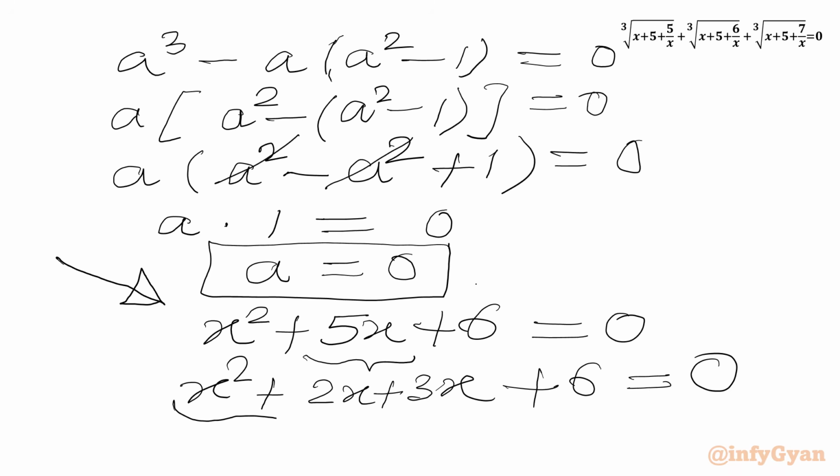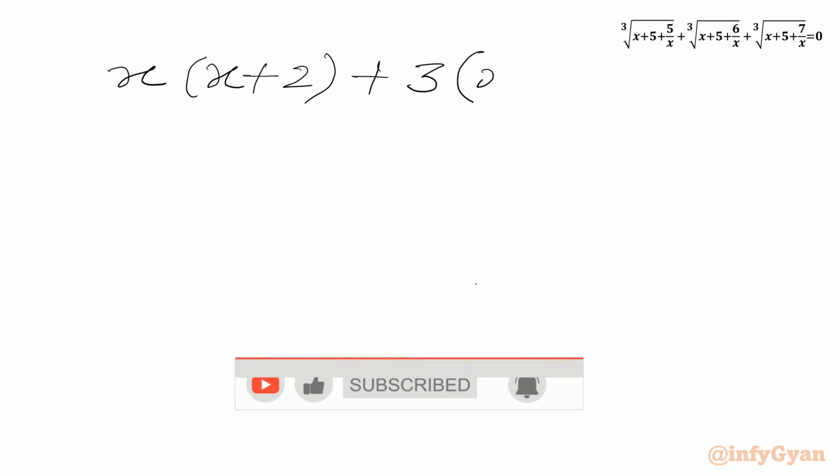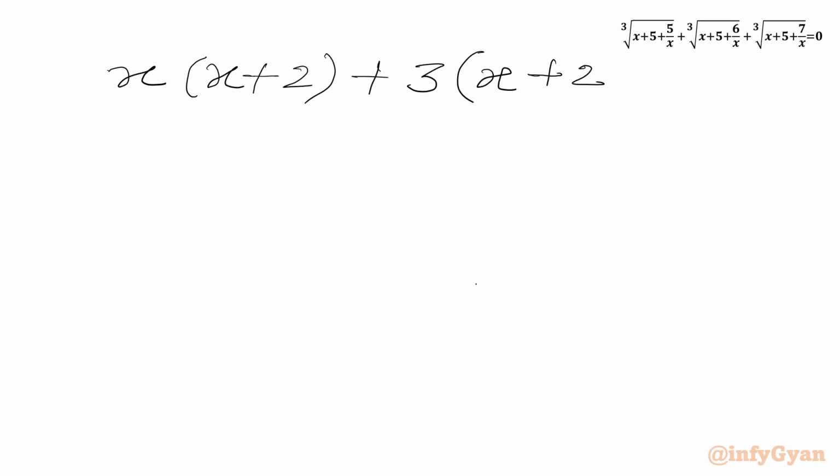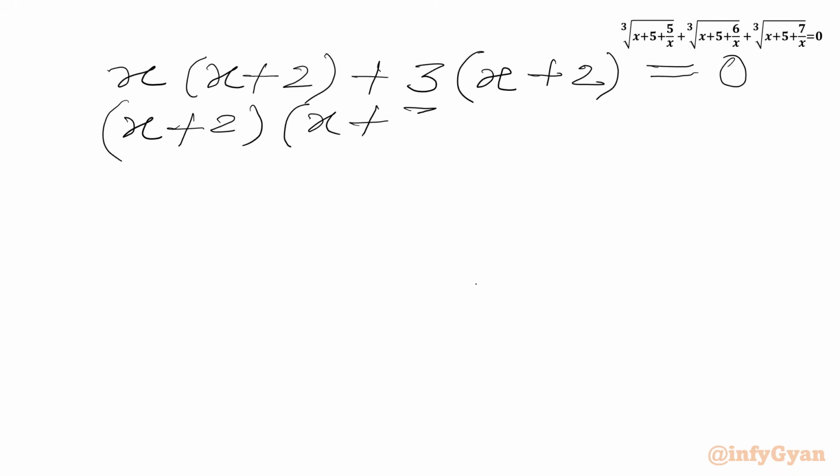Now from these two terms we will take x common, from these two terms we will take 3 common, and we will get x times x plus 2 plus 3 times x plus 2 in the bracket equal to 0. Now x plus 2 is overall common. So in other bracket we can write x plus 3.